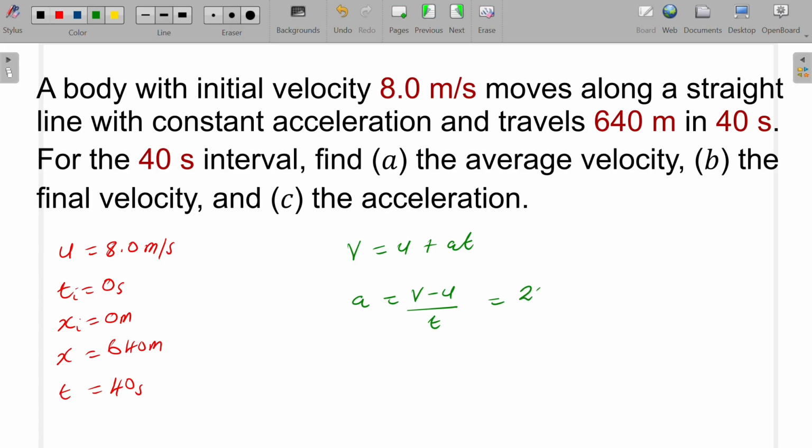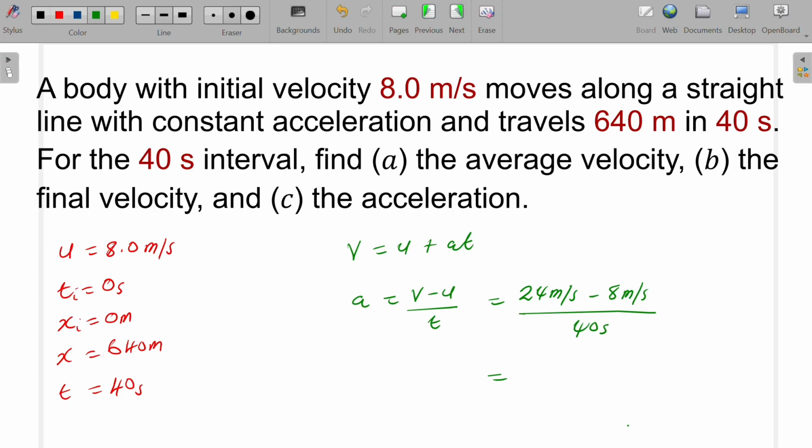Replacing with what we have here, the final velocity that we calculated earlier is 24 meters per second, and this will subtract 8, which is the initial velocity. This will be divided by time. The time we're given is 40 seconds.